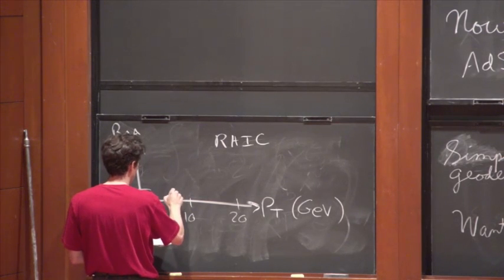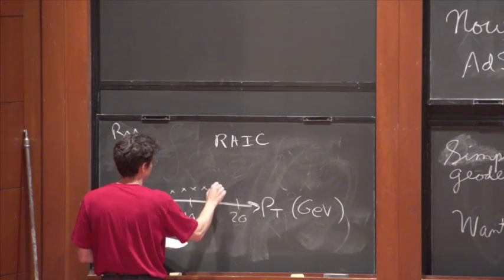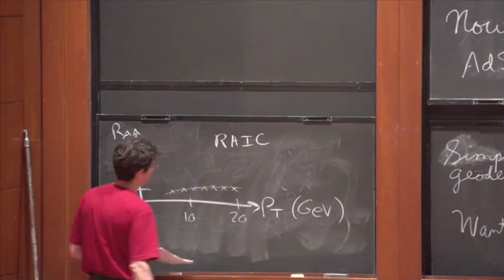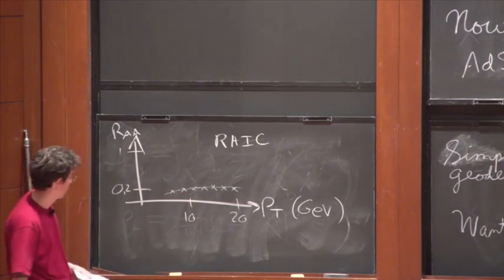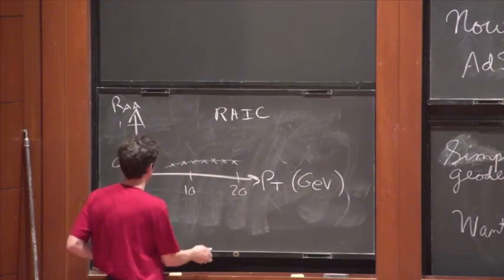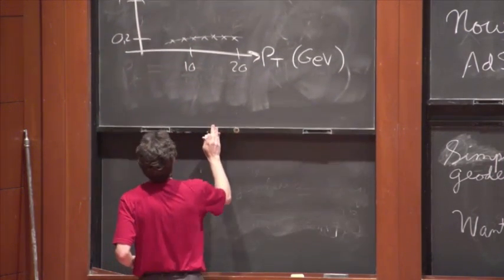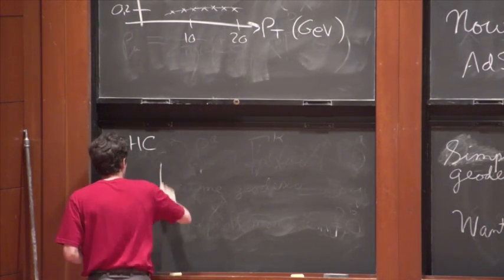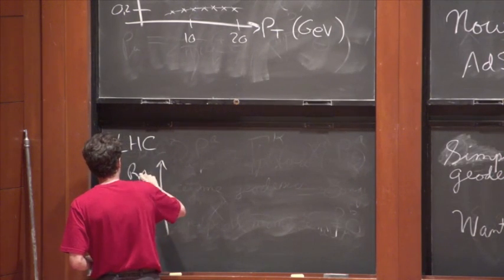And the answer is about a fifth, without a whole lot of variation. There's a little bit of rise, like I drew. At LHC, the story is a bit different.